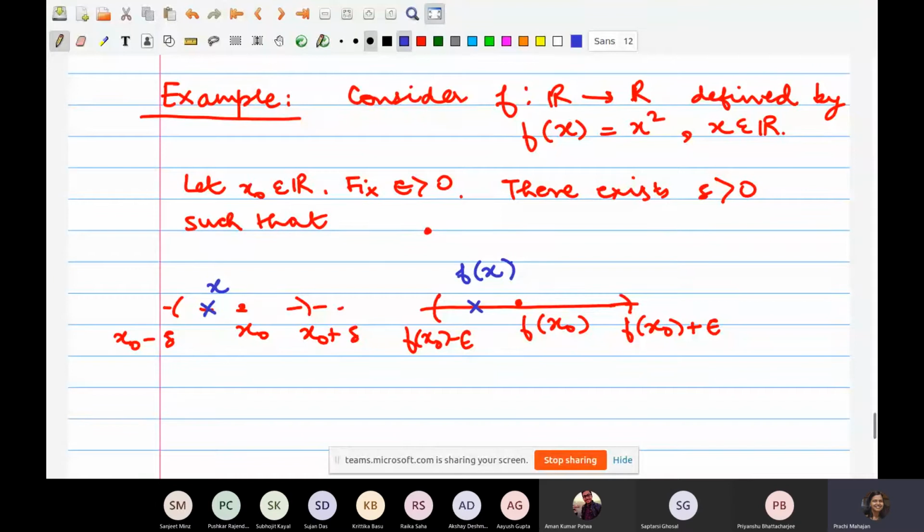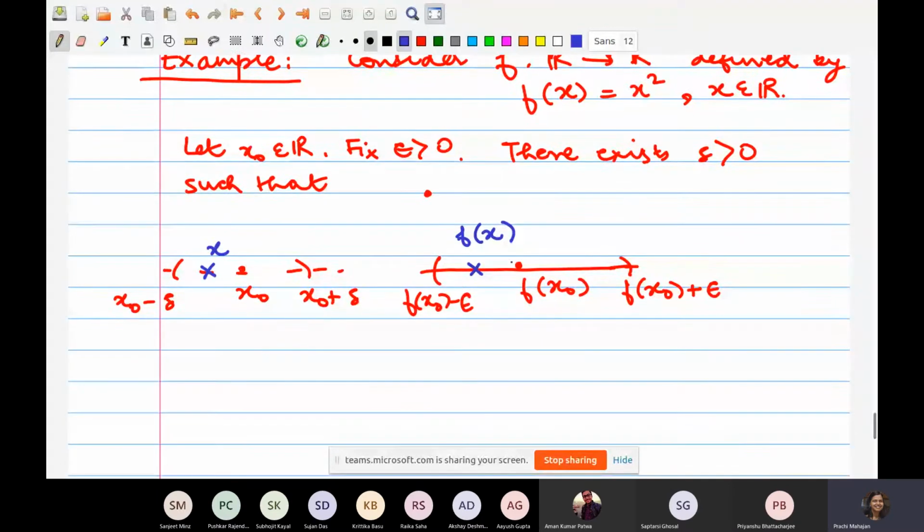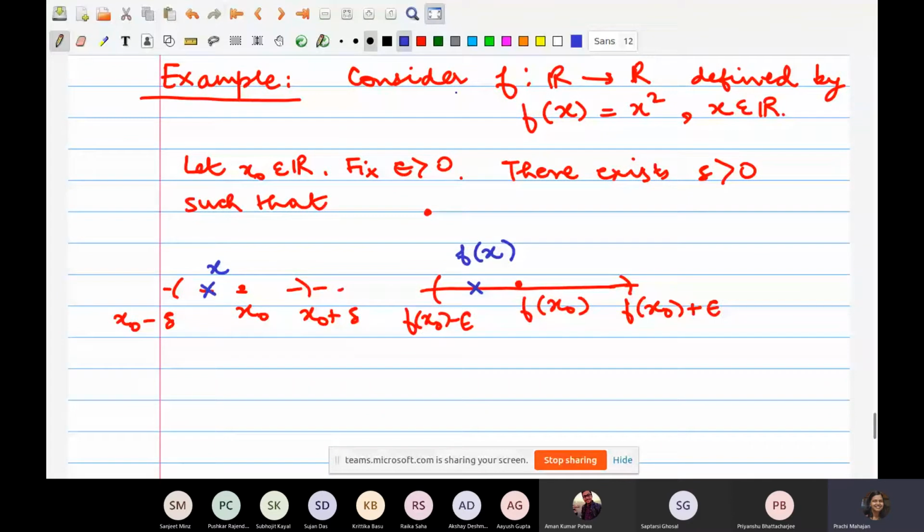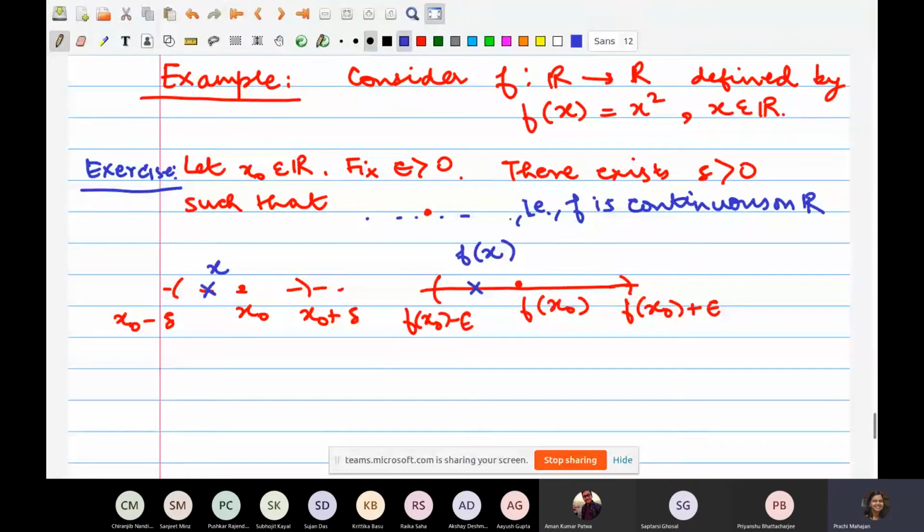Now one can check that this can be done for this function. I will leave that for you to check. Is that okay? Can I leave this bit for you? That corresponding to every epsilon, there is a delta such that this happens. So the upshot of all of this is that f is actually continuous on the entire real line.